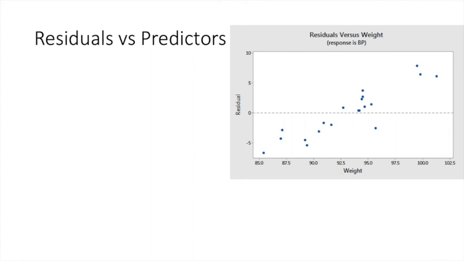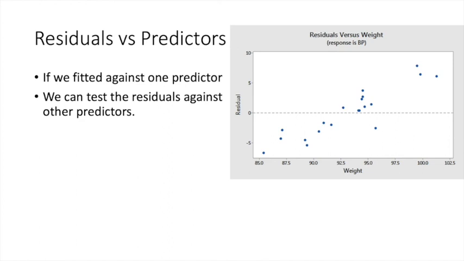Now, if you have used simple linear regression and you have other variables in your data set, it is a good idea to plot the residuals, that is the epsilon values, against these other variables. This way, we can see if these residuals in turn have a relationship with these other variables in the data set. For example, here we are plotting the residuals obtained after fitting a regression line against an additional variable, that is weight.